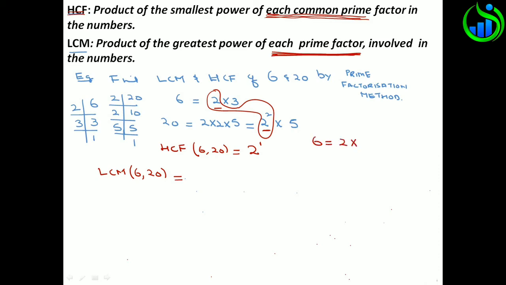6 is equal to 2 into 3, and 20 is equal to 2 raised to power 2 into 5.